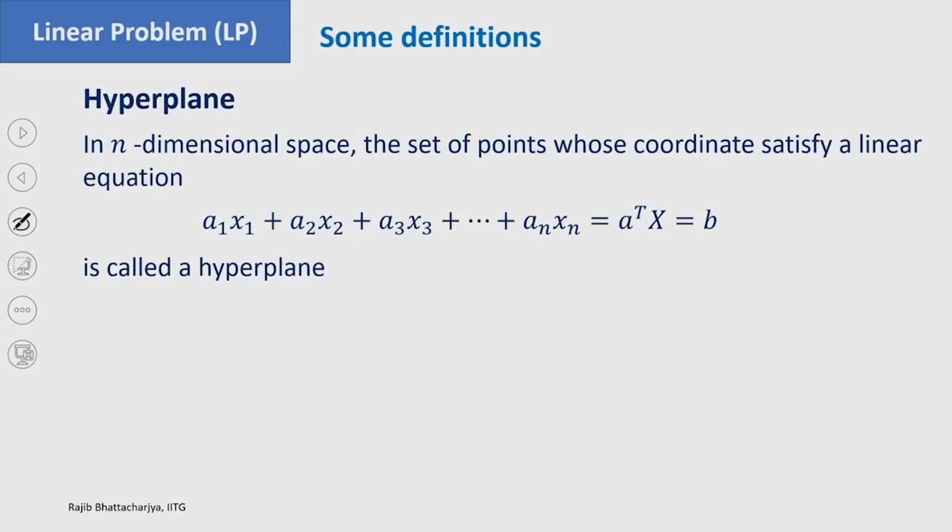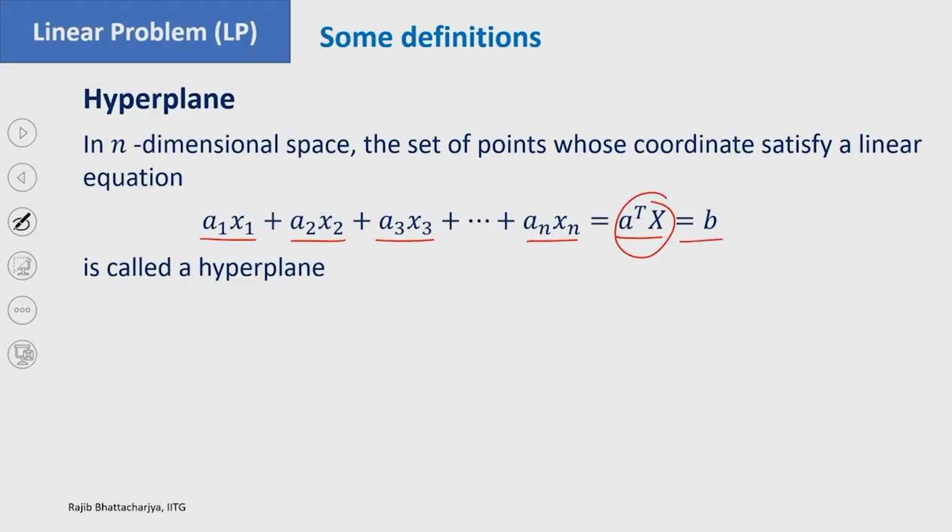Now, what is a hyperplane? In n dimensional space, the set of points whose coordinates satisfy a linear equation a 1 x 1 plus a 2 x 2 plus a 3 x 3 plus up to a n x n equal to b, or I can write this as a transpose x equal to b.